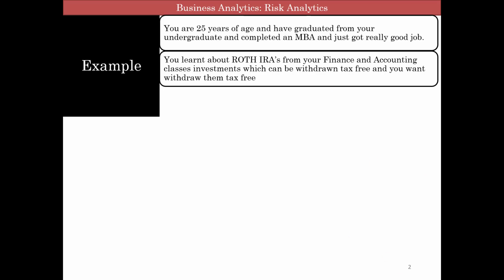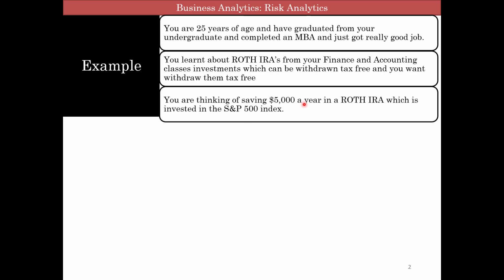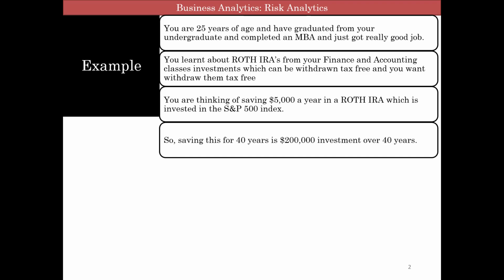There are some limits regarding your income and how much you can put in, but we won't get into all that. Let's assume that you're thinking of saving $5,000 a year in a Roth IRA, invested in a pure index fund, and let's use the S&P 500 index. If you're 25 and you put in $5,000 a year for 40 years, you're going to invest about $200,000.